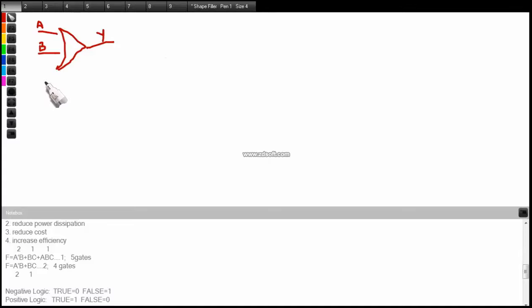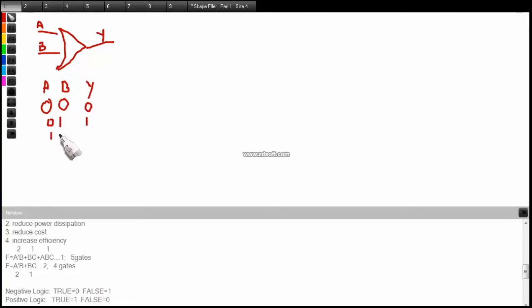What is the truth table of OR gate? If I have A here and B and my output is Y, what will the truth table be? If I get 0, 0, what will I obtain? I will obtain a 0. If I get 0, 1, I will get 1.